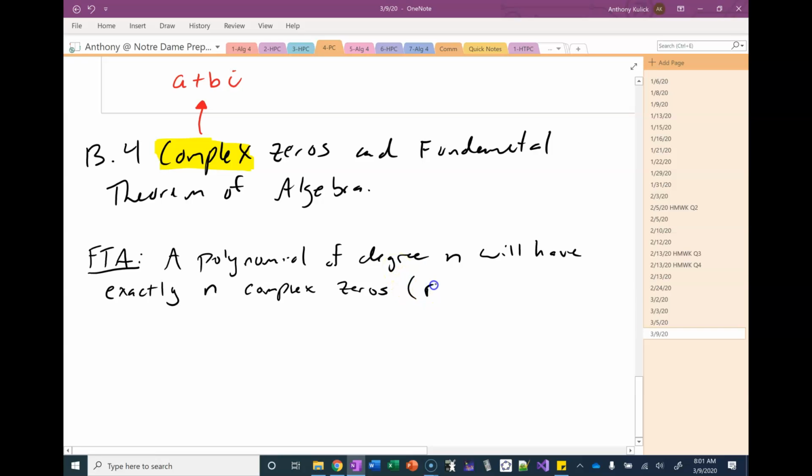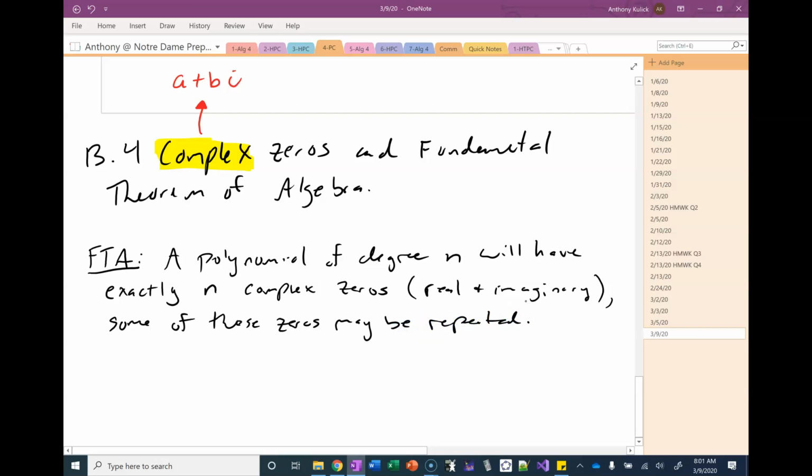So remember that the complex numbers include the real numbers and the imaginary numbers. And when we count those solutions, we're also counting repeated solutions.